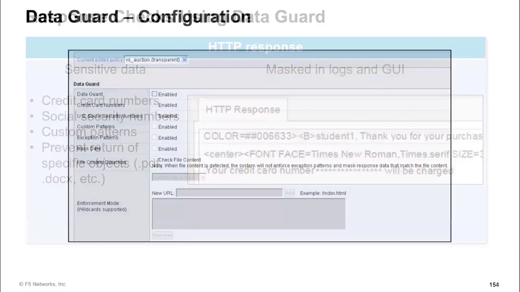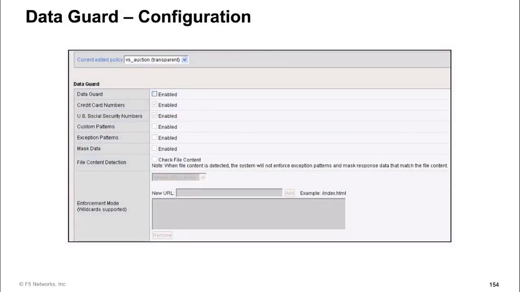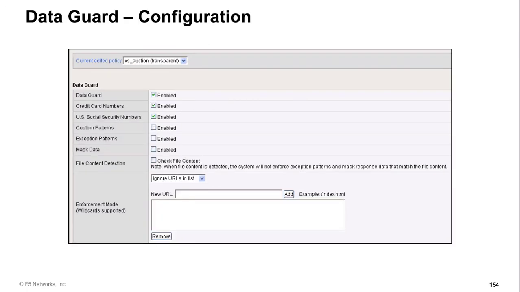Okay, so by default, guys, data guard is turned off. The reason being is that whenever you turn data guard on, if you notice the enforcement mode, it says I want to look at all responses and look for any kind of patterns in all responses, which can put a lot of overhead on Advanced Web.